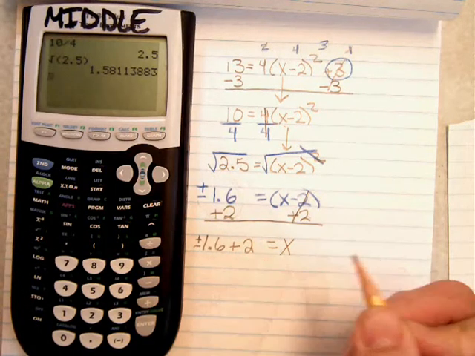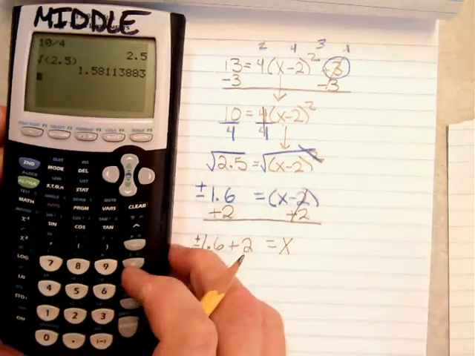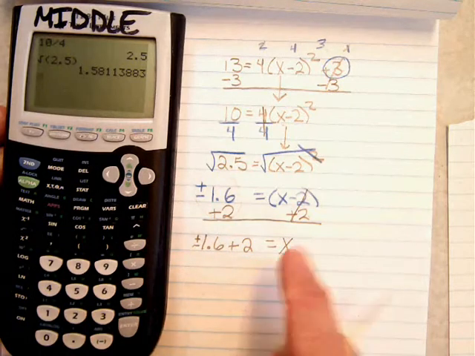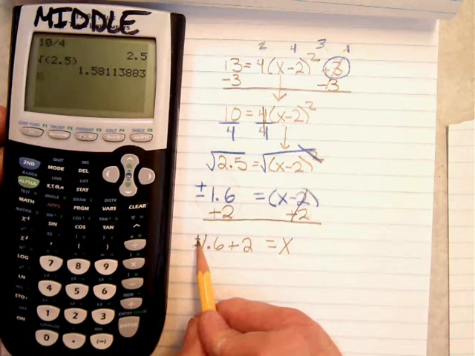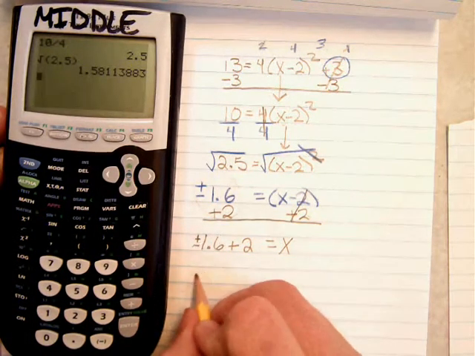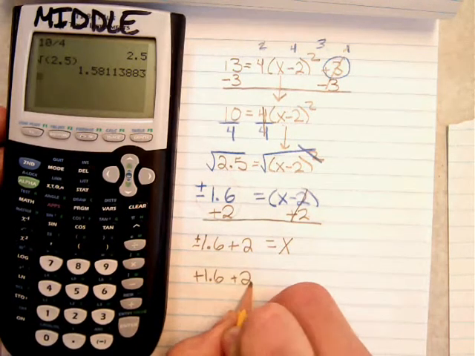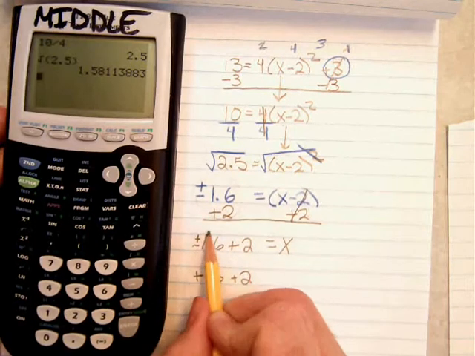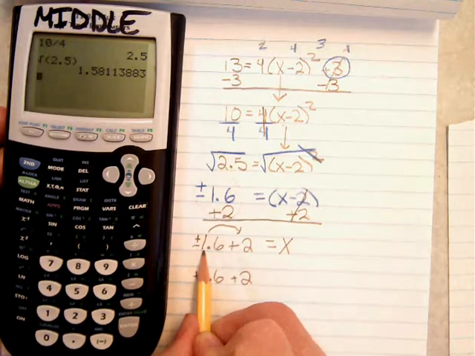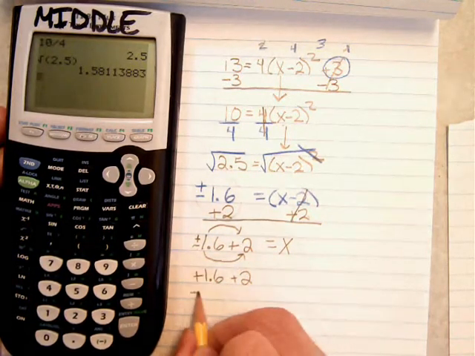With the other problem that we worked with, we broke this statement into two separate equations. So I'm going to write plus 1.6 plus 2. And then I'm going to go back and do this. So we've done the top one. Now I'm going to write minus 1.6 plus 2.